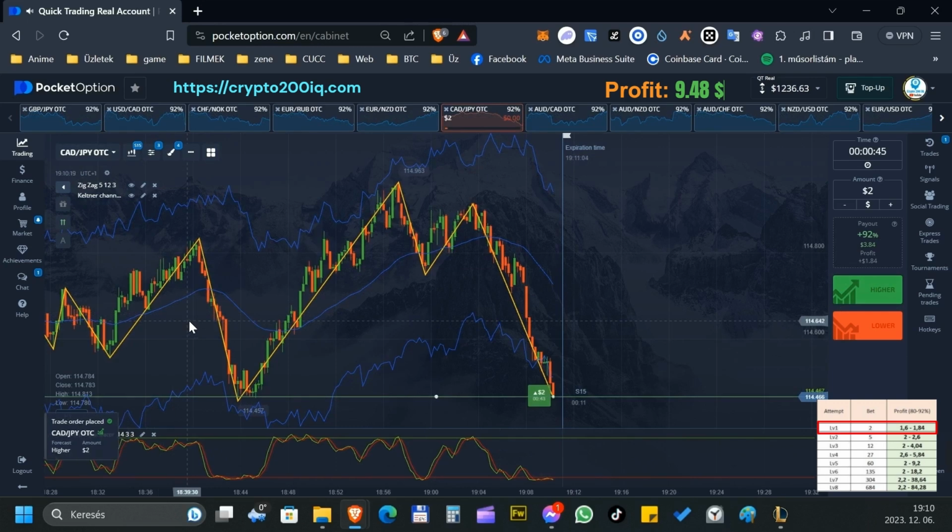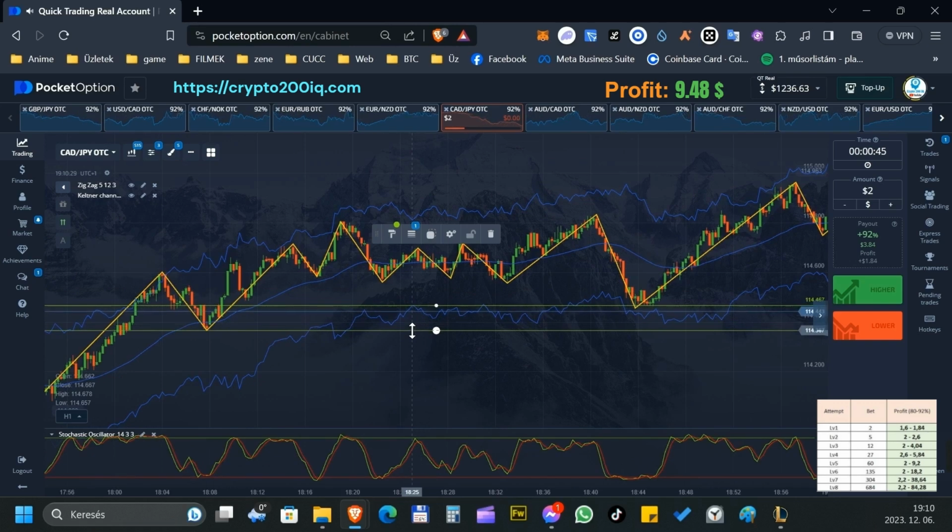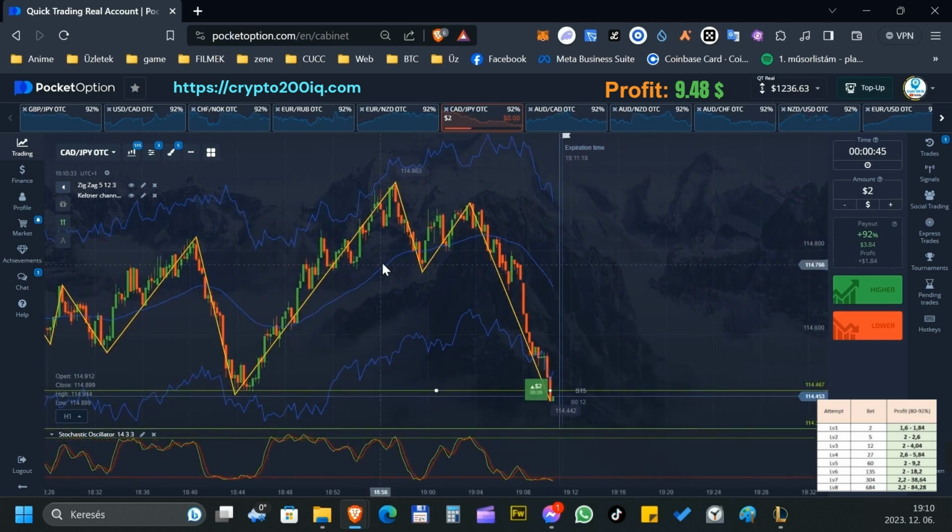And here we place the first bet upwards. We set the next level where it could be if we don't win. And we prepare for the next stake.